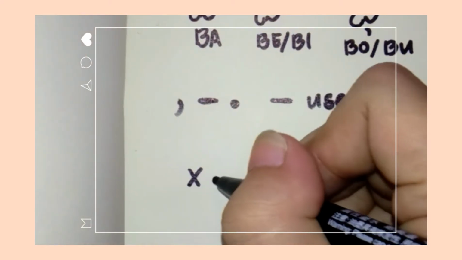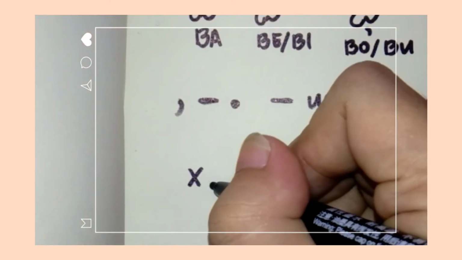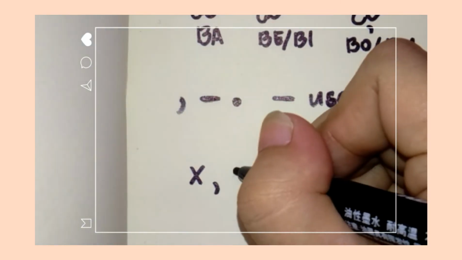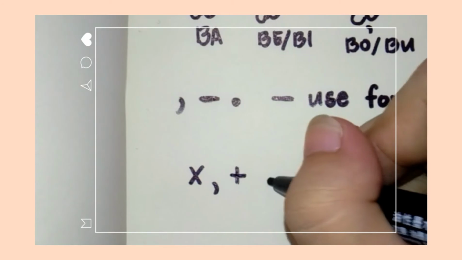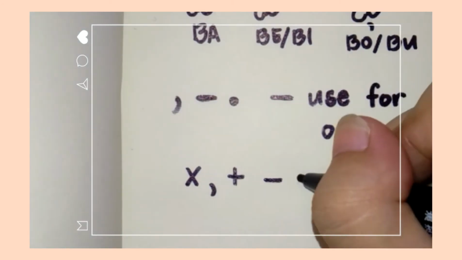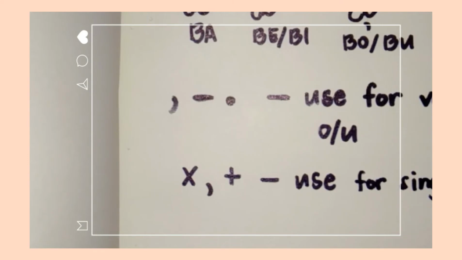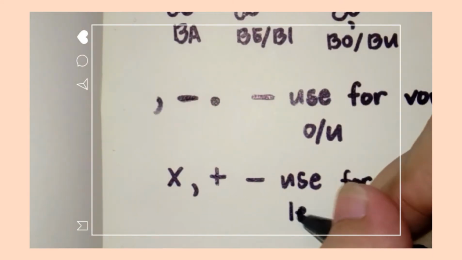And the X or the cross mark on the lower part is used to show that the character or symbol that you are using in Baybayin is just a single letter.